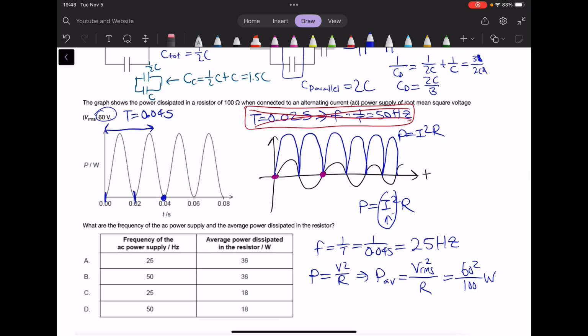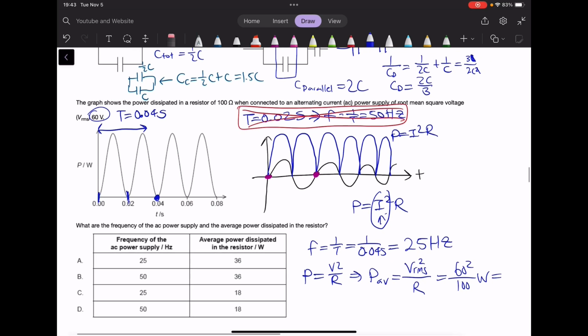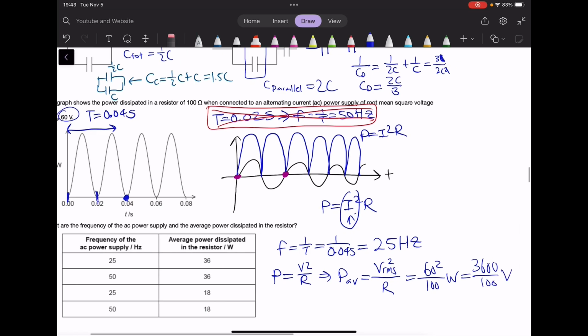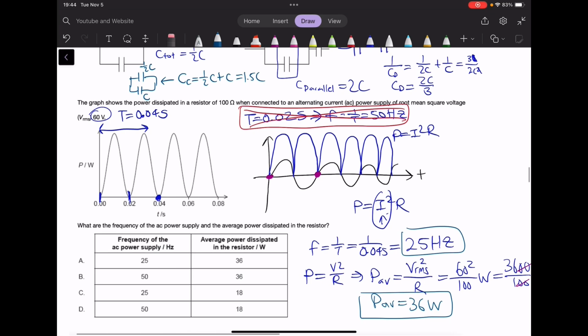Calculating everything, let me simplify the algebra. The 0s cancel out here. So average power is equal to 36 watt. The solution is A.